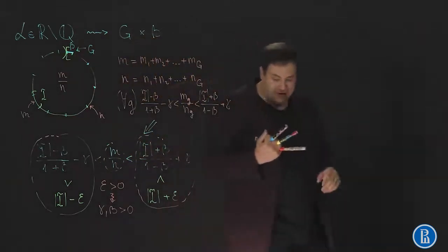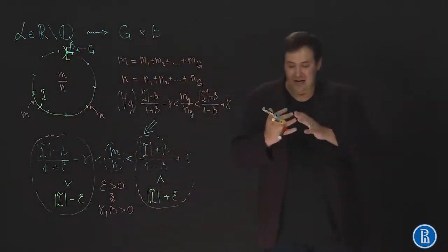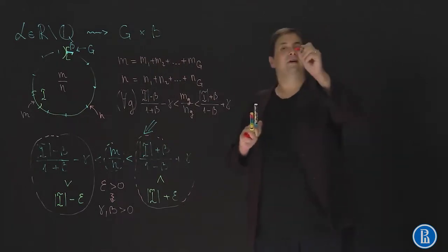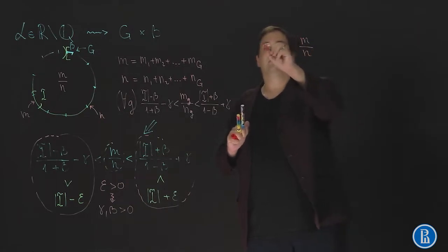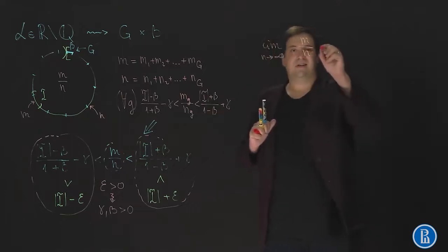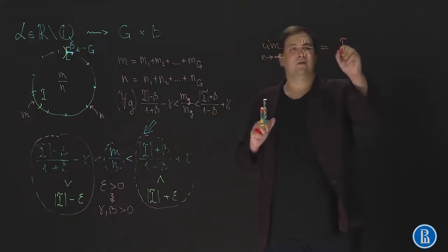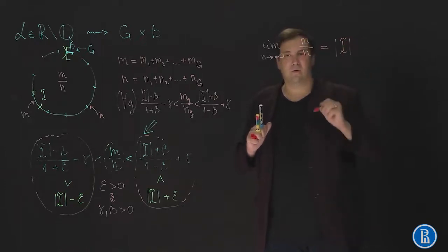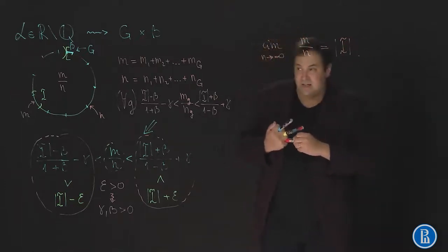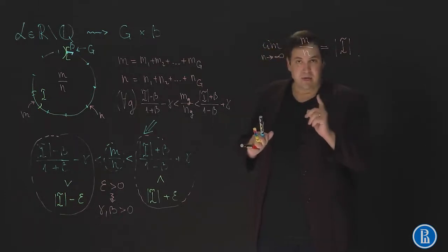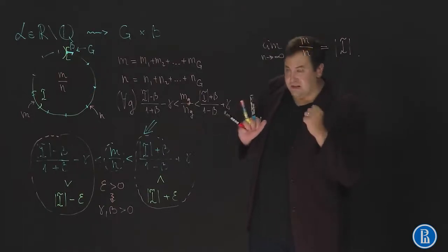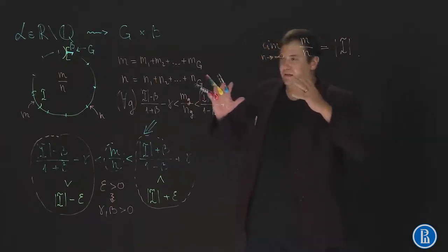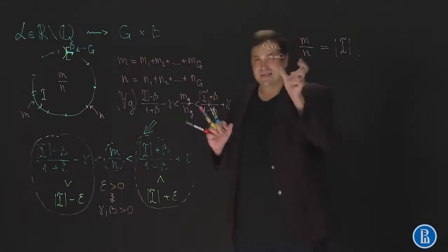Let me just write the statement of Weyl's theorem once again, and we'll finish by that. So, m over n, when n tends to infinity, is equal to the length of the interval. Well, this is Weyl's theorem. Let me emphasize that we didn't use the existence of this limit.